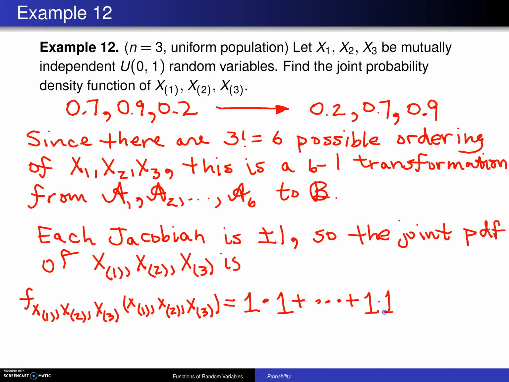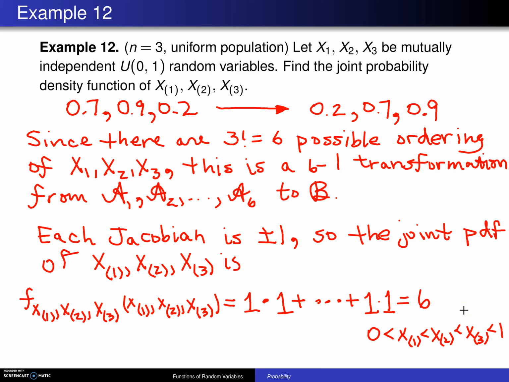So we have 1 times 1 in all cases. So this turns out to be 6 on the support 0 is less than x1 is less than x2 is less than x3 is less than 1.